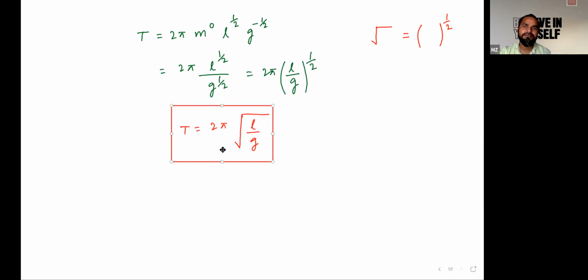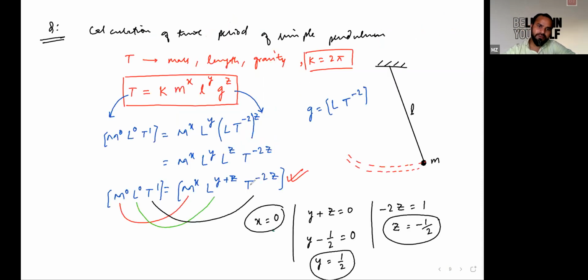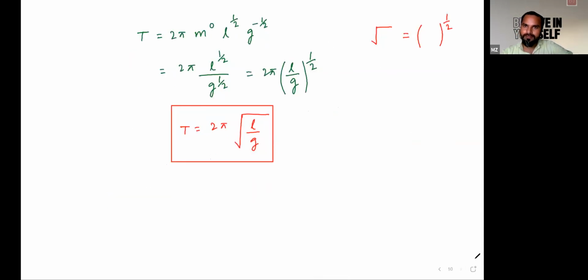Any doubt how I got this result? No, sir. Any doubt in this calculation? Yes. Okay, just write it down first. Sir, could you explain that root equals to that bracket root?